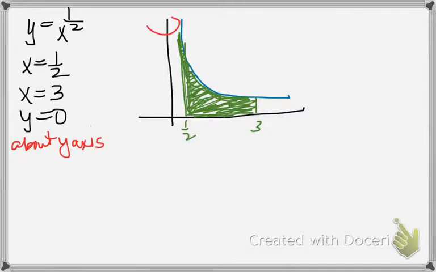and first I'm going to ask, if you had a choice between just discs and washers, which of those two would you pick? And hopefully you're all shouting out at the same time, washers, because of course there's a gap in here. So I would use washers because it has a gap.